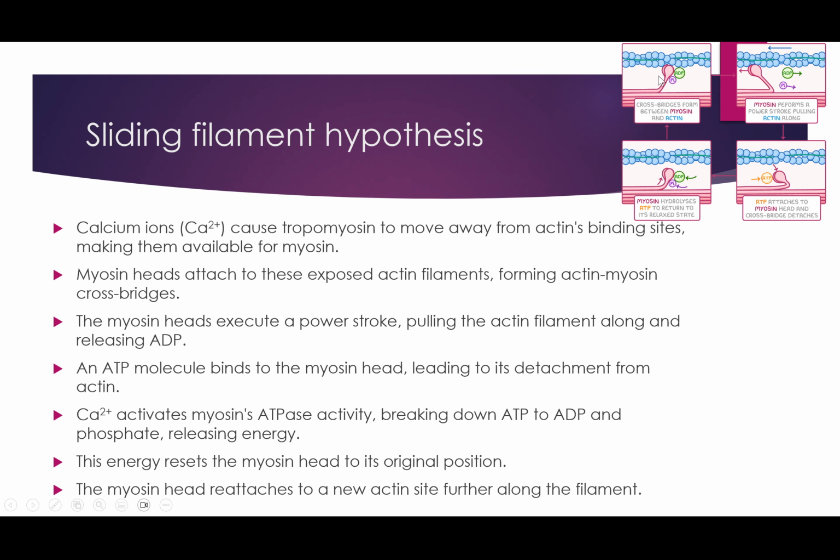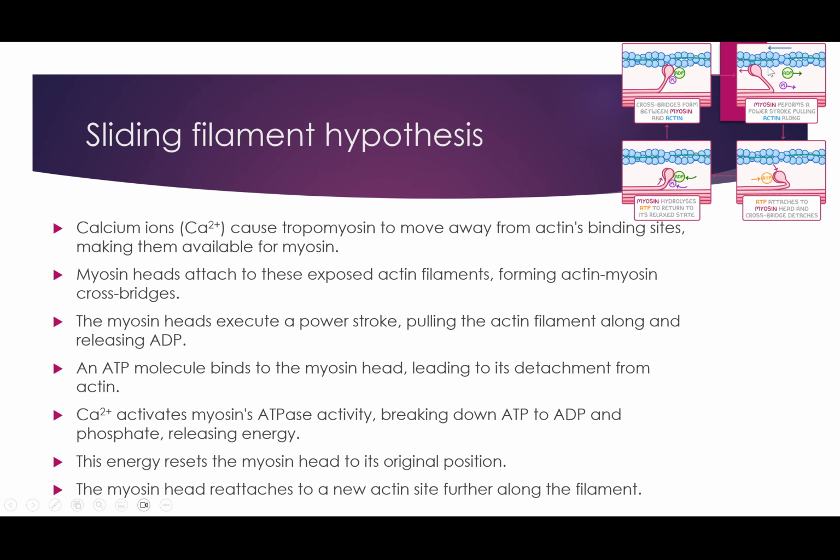Then the myosin heads attach to the binding site on the actin, forming an actin-myosin cross-bridge. And then the myosin head forms a power stroke, so it slides the actin over the myosin.